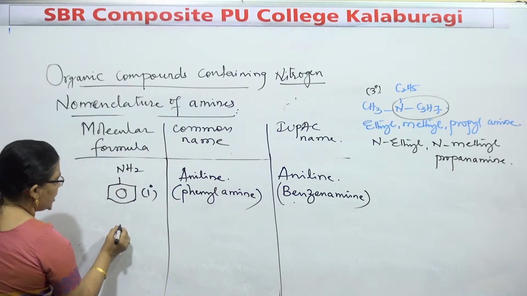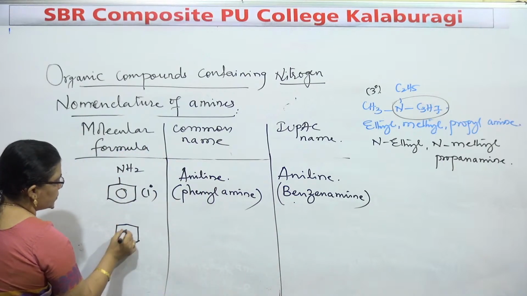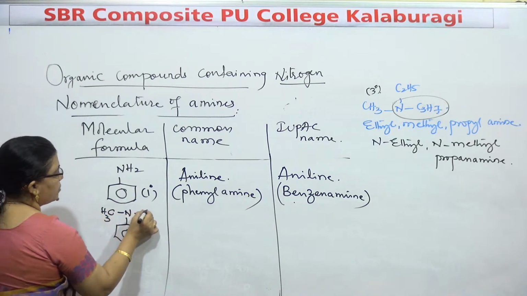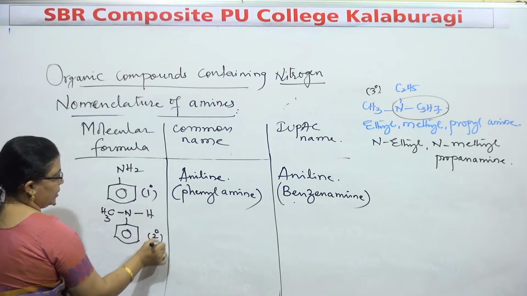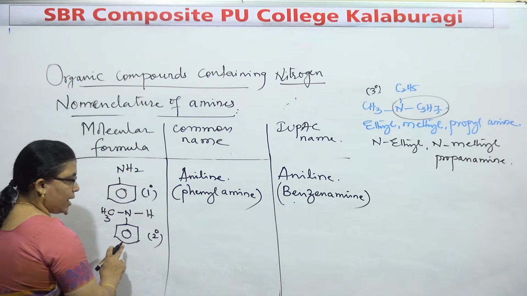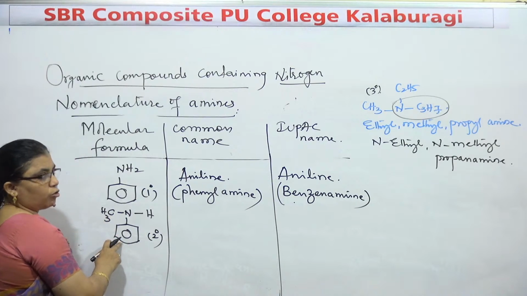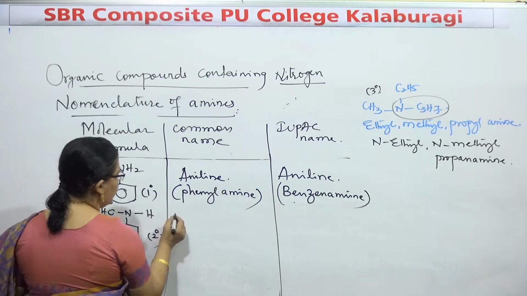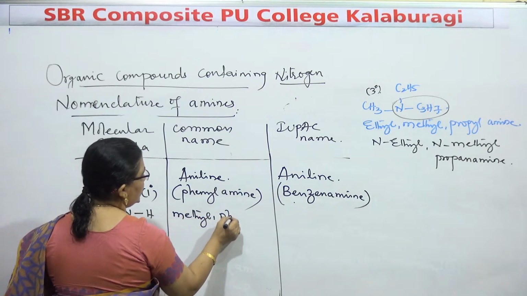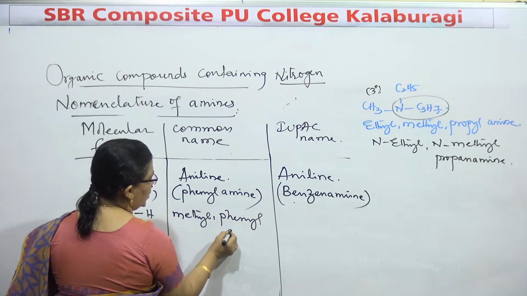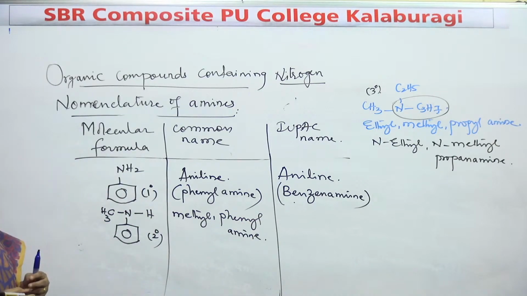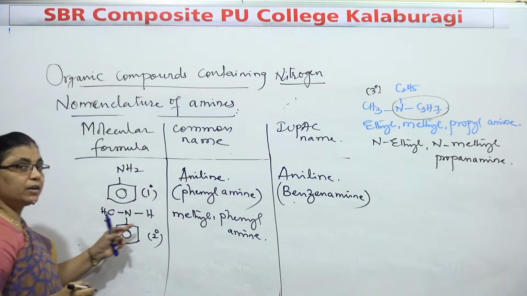Another point, if I am going to take a secondary amine with CH3 and hydrogen on the nitrogen, according to the common system we can call it methyl phenyl amine, since two groups are present.